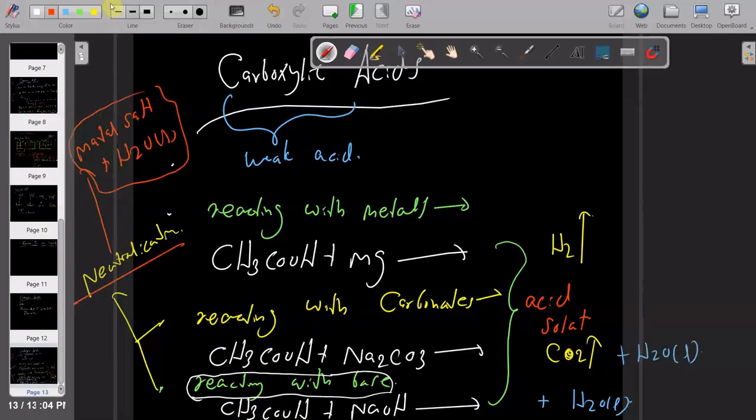Most of the time students are getting this fact wrong. So remember, yes, you are getting the metal salt, but since there's no water released, due to the absence of water, we do not call it a neutralization reaction, right? No neutralization reaction.